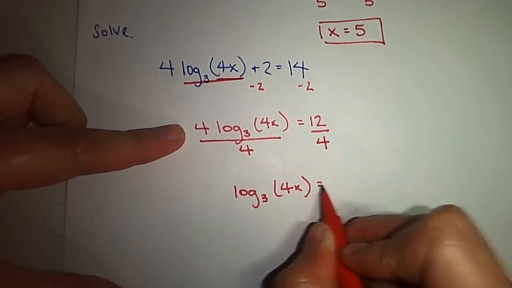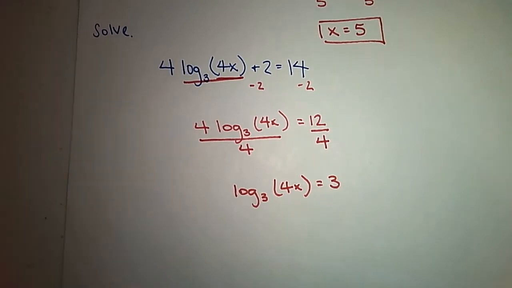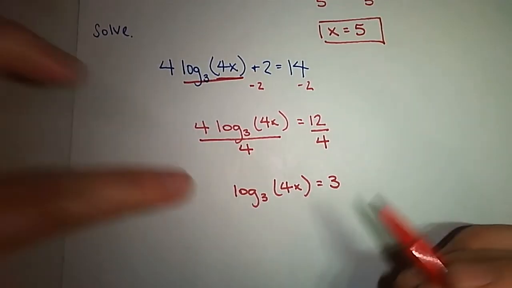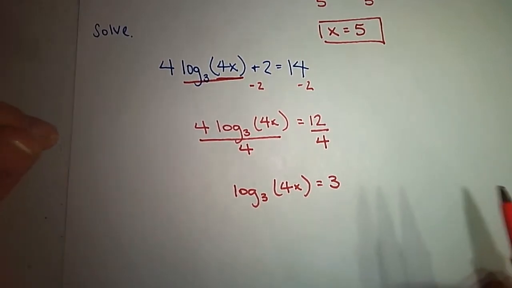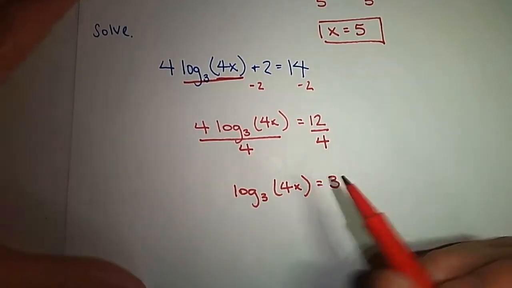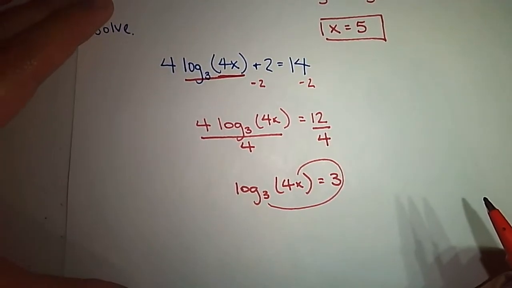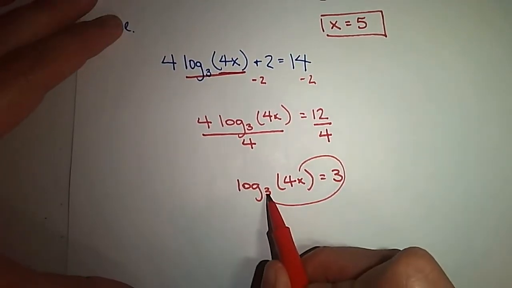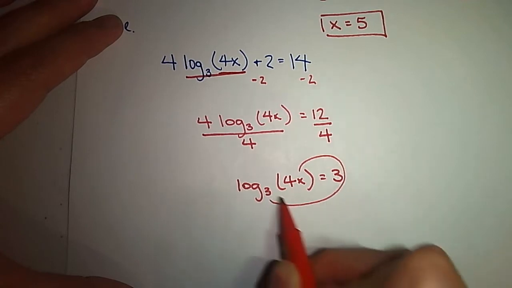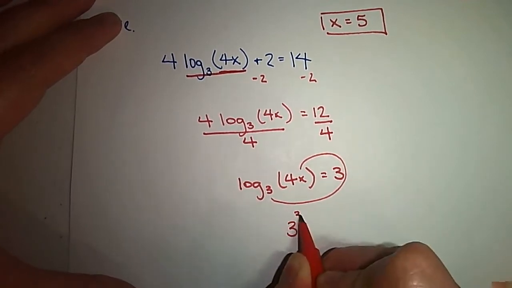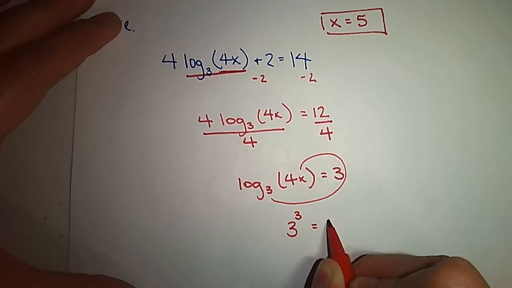And 12 divided by 4 is 3. Now notice we have the log totally by itself. So now is where our log roll is going to come in so we can get it into exponential form. When we do our log roll, it's going to be 3 to the 3rd equals 4x.